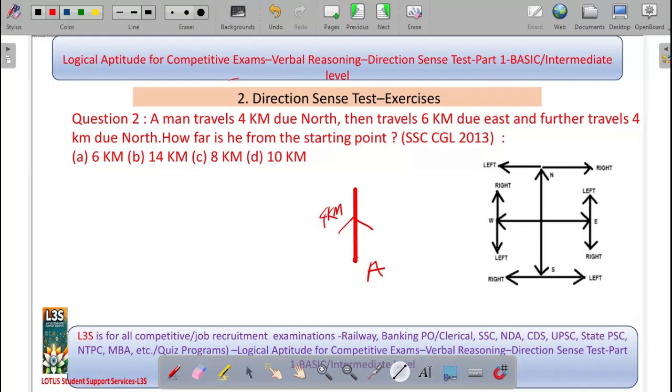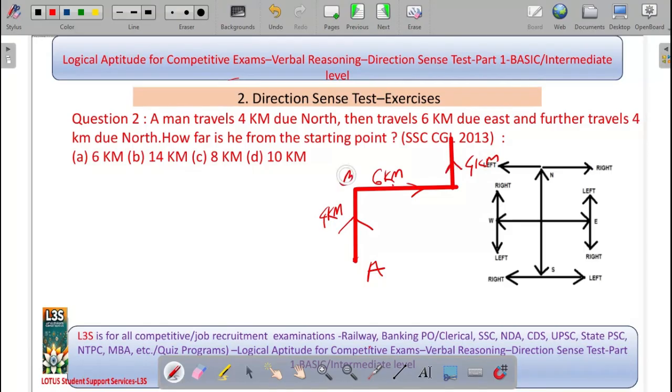So east will be, he has to go to the right side, 6 km east. And further travels 4 km due north. Then again he will go 4 km north side. So this is north, 4 kilometers north side.